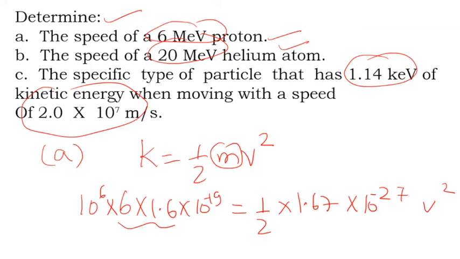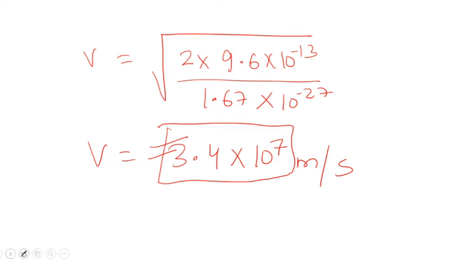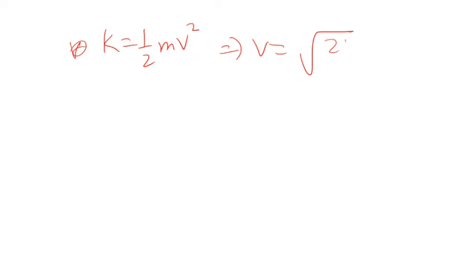Second part is the speed of a 20 mega electron volt helium atom. Okay, in a helium atom, of course, the mass of electrons is neglected because it's very small compared to the mass of protons. So again, K is equal to half mv square, so v is equal to the square root of 2K by m.